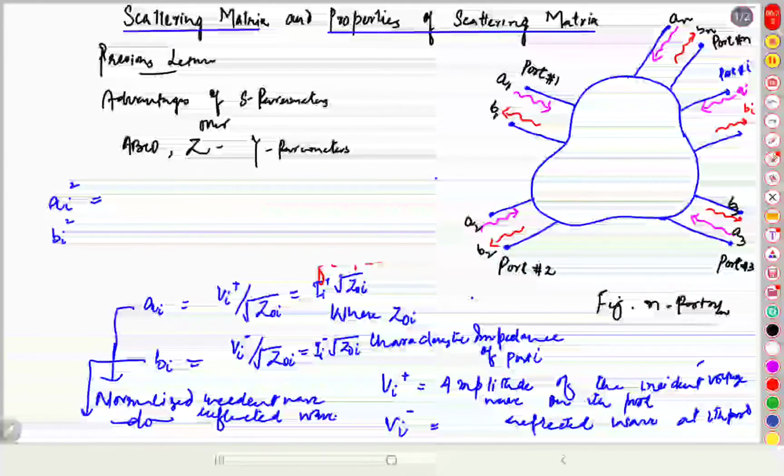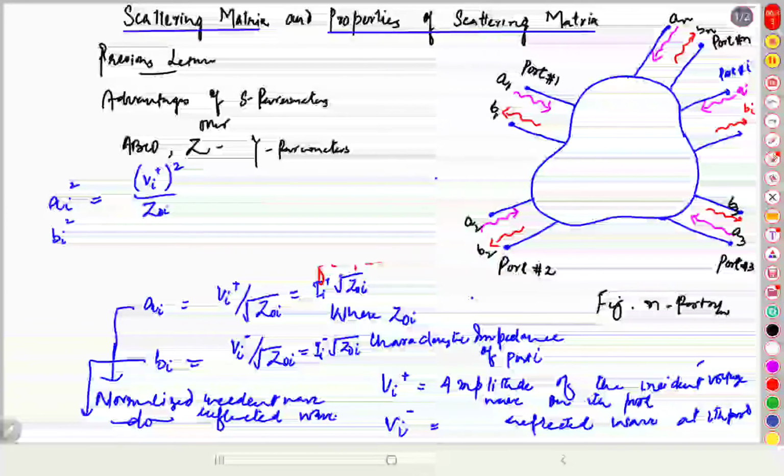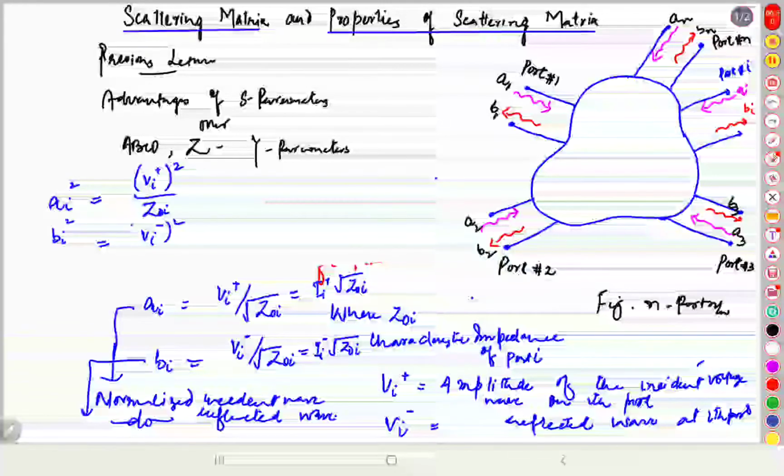Ai squared would be Vi positive squared divided by Z0i. Vi positive, as I said, is the amplitude of the voltage wave. So Bi squared would be Vi negative whole squared by Z0i.